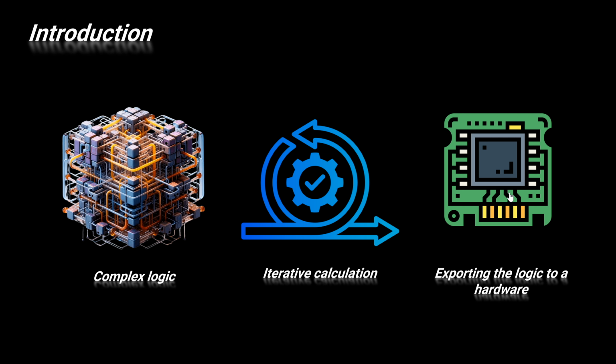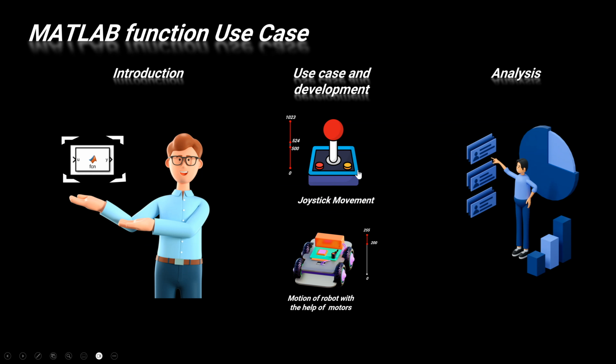When you export that entire model, you will be able to correlate whatever is generated from the MATLAB function block, and it will be easier for you to interpret, because there are a lot of similarities when you export your code from the Simulink environment in C form.